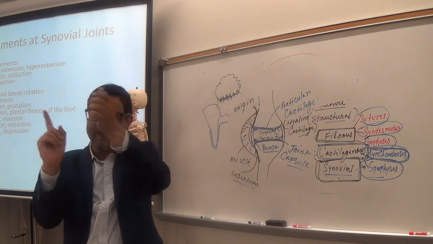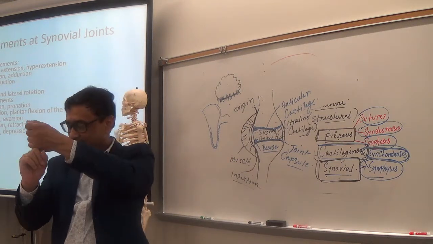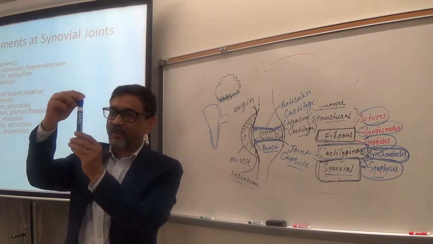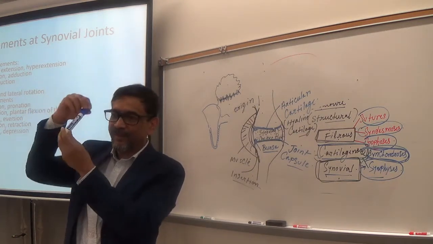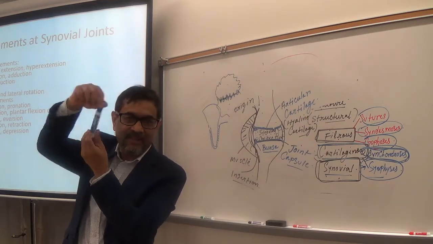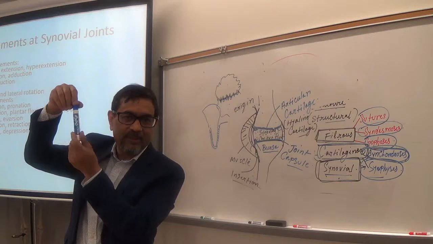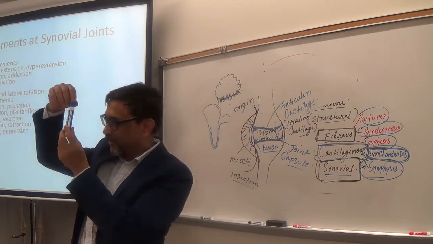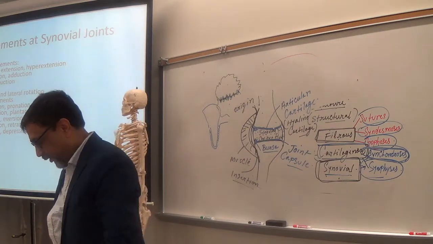Okay, so the axis doesn't change. So that is rotation. In circumduction, the axis changes. Look at this. Circle. When I move in a circle like this, the axis is changing, right? In rotation, the axis is not changing. Make sense? This is rotation, this is circumduction. Okay.